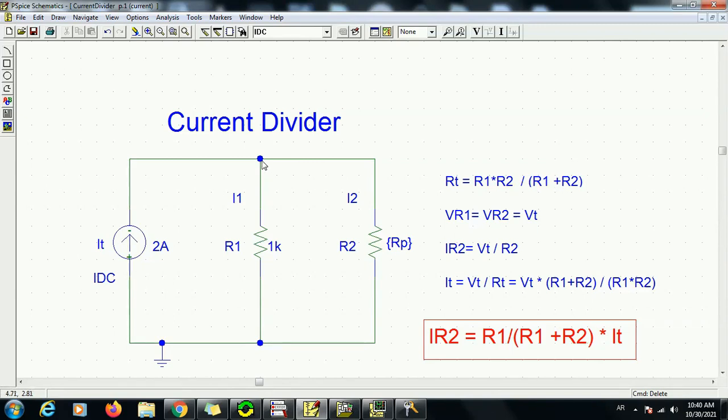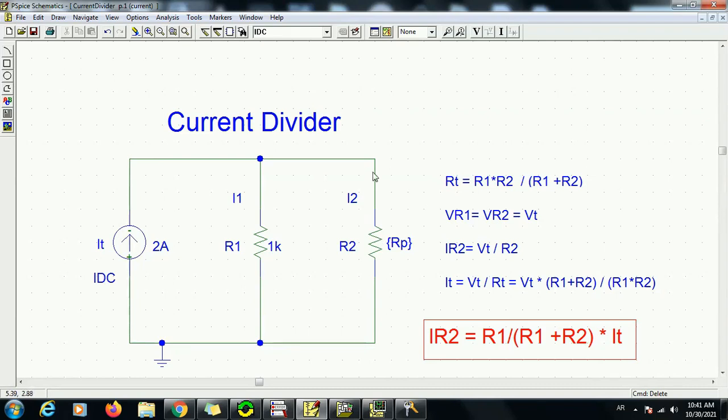The voltage drop across R1 is exactly equal to the voltage drop across R2, since they are in parallel, and that is also equal to the total voltage drop across the equivalent of these two resistors, V total. So VR1 equals VR2 equals V total.